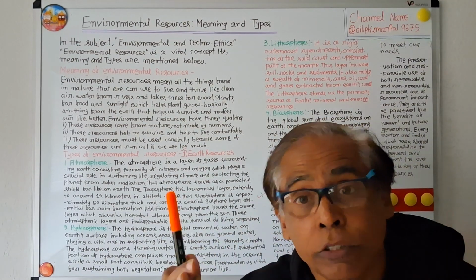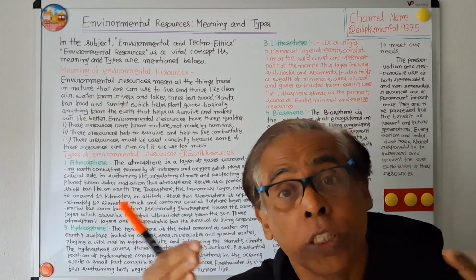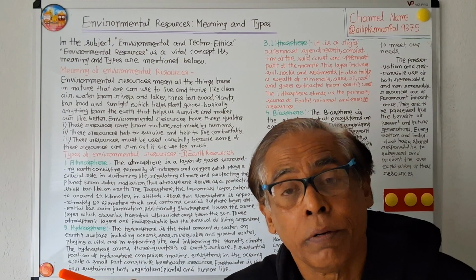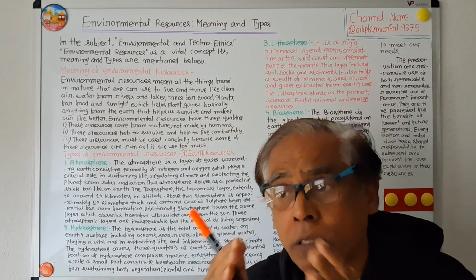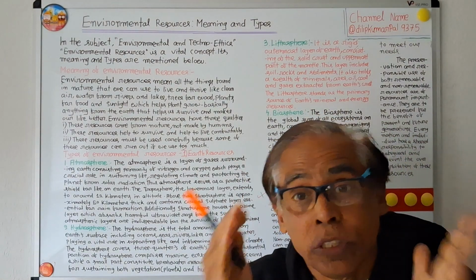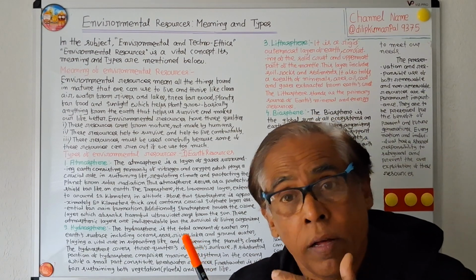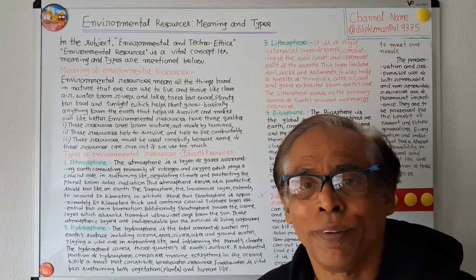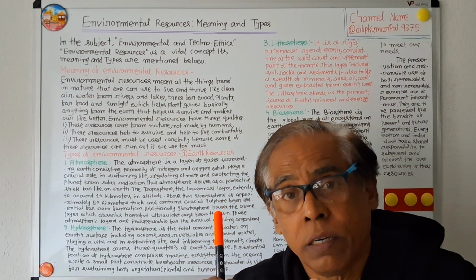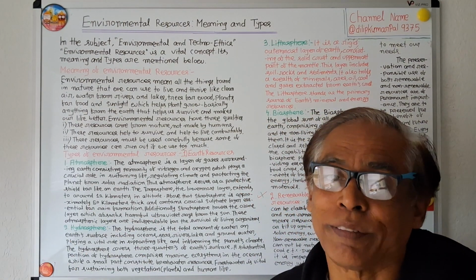So environmental resources means resources of nature which help living organisms to survive. Any resource of the environment which helps organisms to survive and exist is known as an environmental resource.